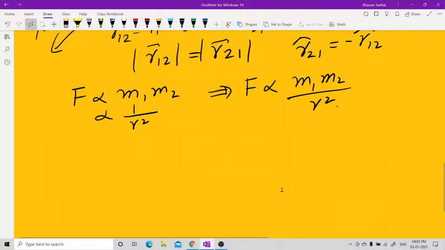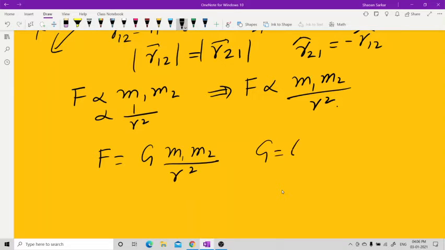Removing the proportionality constant, F is G m1 m2 upon r square, where G is 6.67 into 10 to the power of minus 11, with units of newton meter square per kg square.